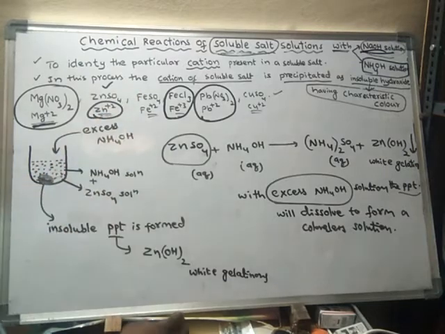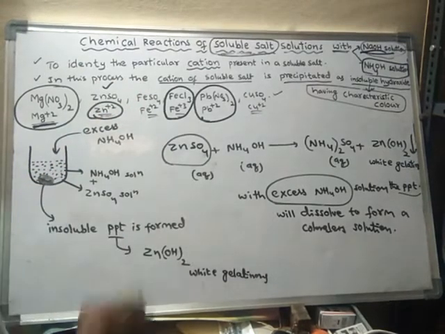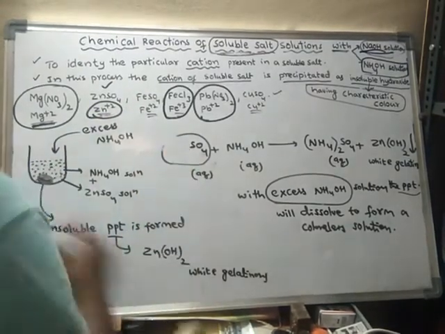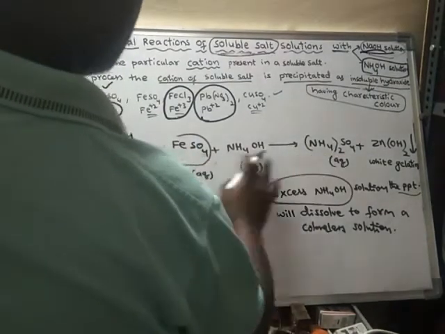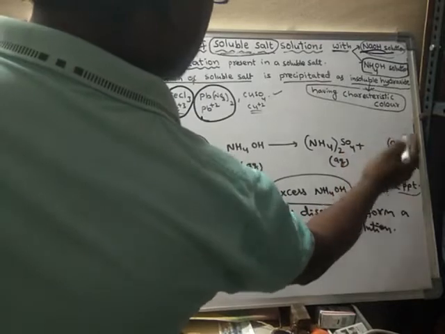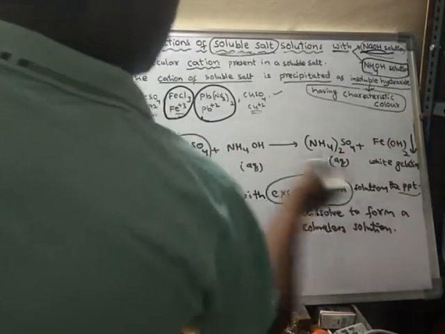Suppose you take ferrous sulfate instead of zinc sulfate. It forms ammonium sulfate and ferrous hydroxide, Fe(OH)2.